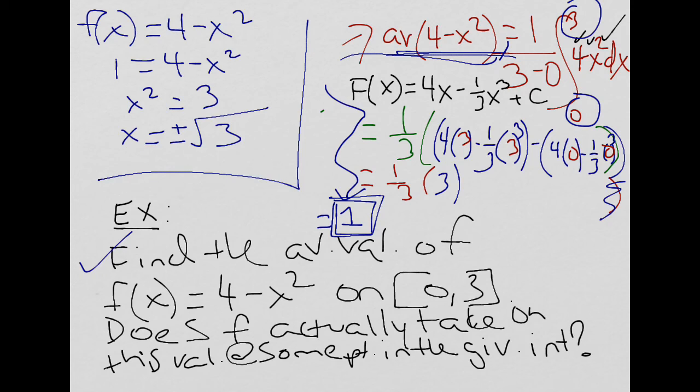This one is rejected because it's not in the domain, not much of an issue. But this is what we're going to look at. X equals the positive radical 3. So my answer here for this question is yes. The function assumes its average value in the given interval.